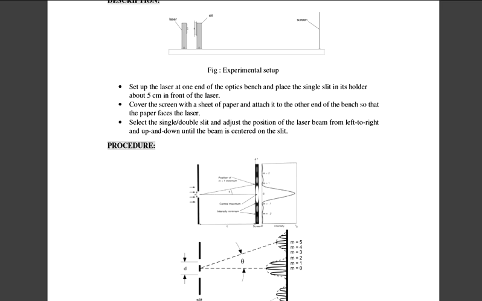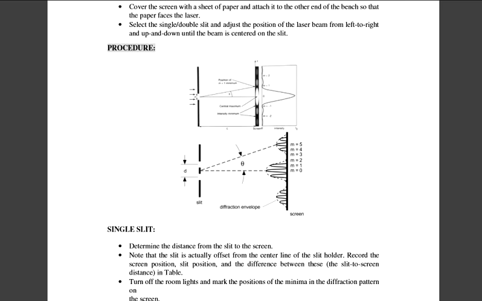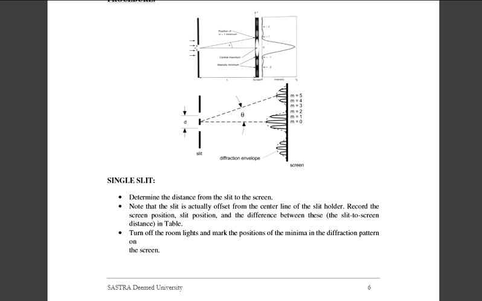Let's move on to the procedure for the single slit interference. First of all, this single slit interference brings out the wave property of the light. For this, we need to turn on the laser source and place the single slit before it using a slit holder.